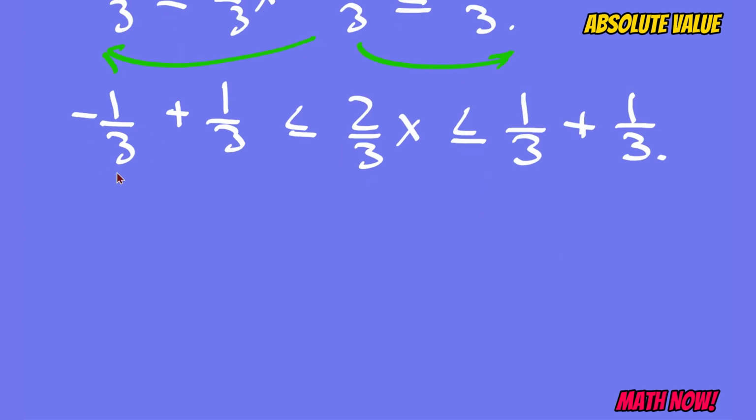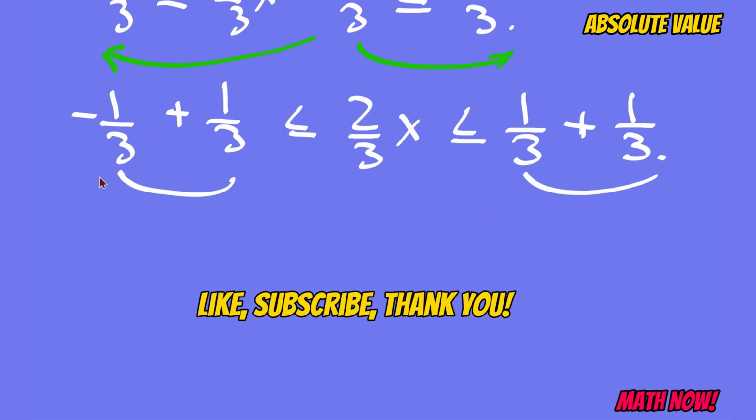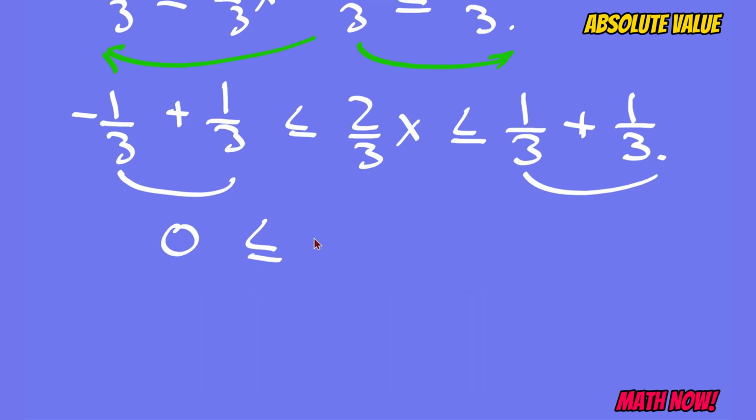Now we're going to add these numbers. Minus 1/3 plus 1/3 is going to be 0, obviously, so I'm going to write that 0. It's equal or less than 2/3 x, and it's equal or less than 1/3 plus 1/3.